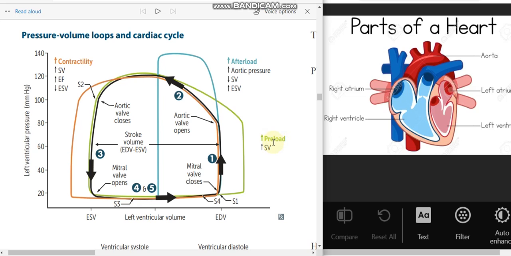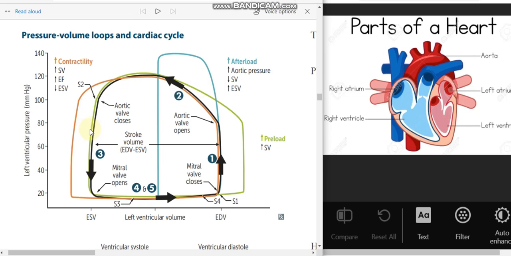See, when the preload increases, on this image, the blood coming to the heart increases, that is, the preload is increasing. So more blood goes into the lungs, more will come back to the left atria, more will go to the ventricle. So volume is increasing. At the end the volume is increasing.